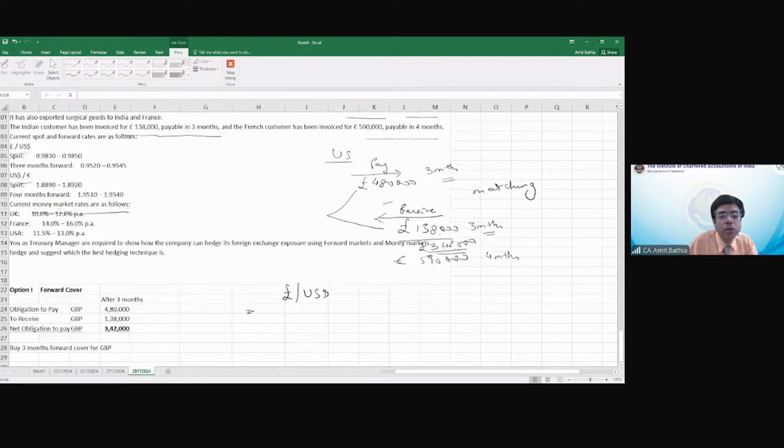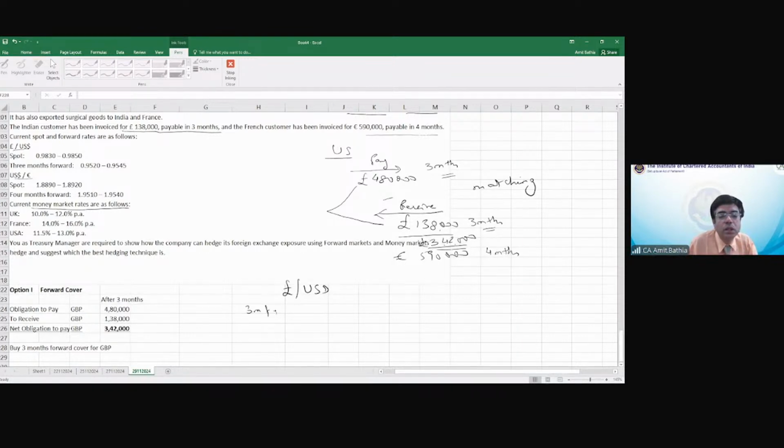So the 3 month forward is 0.9520, 0.9545. This is the bid price. This is the ask price. Am I right? Yes, sir. Okay. So when I want to convert my pounds into dollars, what do I do? First and foremost, do I need to buy or sell?